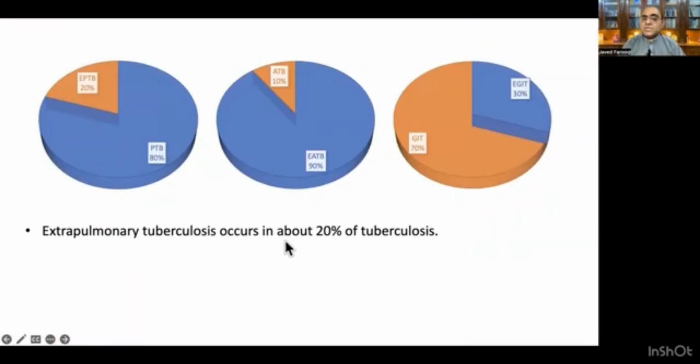Extrapulmonary tuberculosis occurs in about 20% of tuberculous patients. Out of 100 patients, 20 have extrapulmonary tuberculosis. 80% have pulmonary tuberculosis and 20% have extrapulmonary tuberculosis.